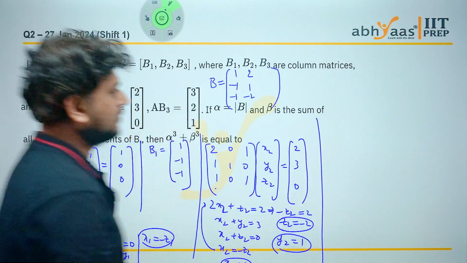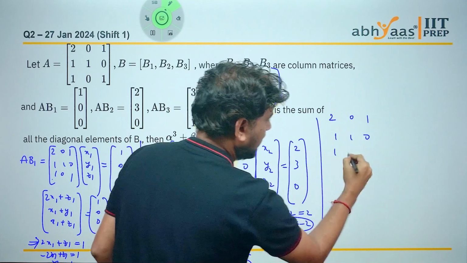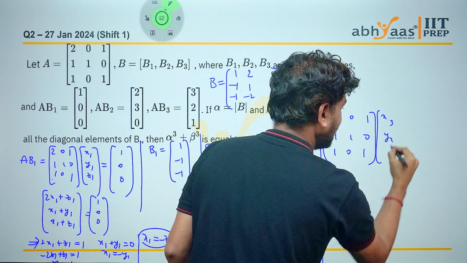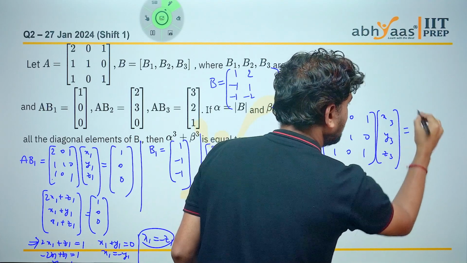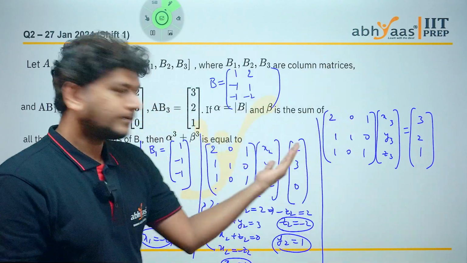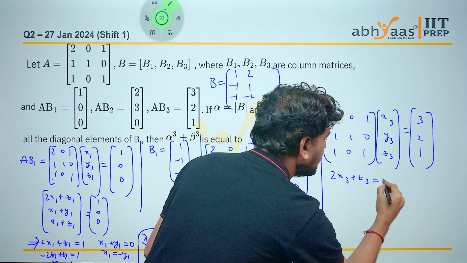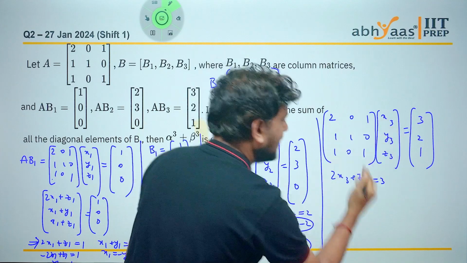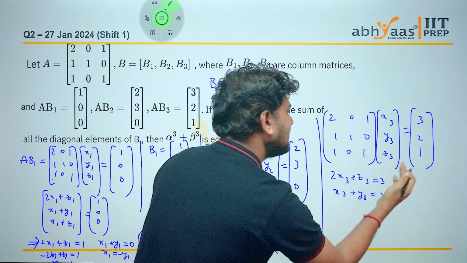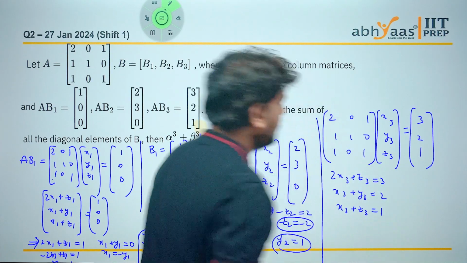Again, for the third matrix, AB3 is equal to (3, 2, 1). So [2 0 1; 1 1 0; 1 0 1] into (x3, y3, z3) is equal to (3, 2, 1). Again multiplying, 2x3 plus z3 is equal to 3, x3 plus y3 is equal to 2, x3 plus z3 is equal to 1.